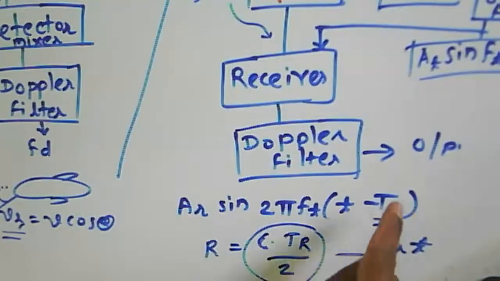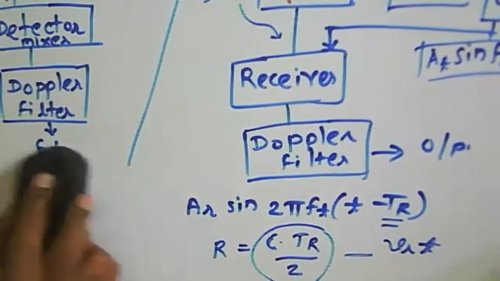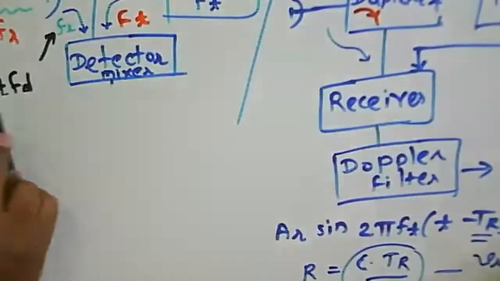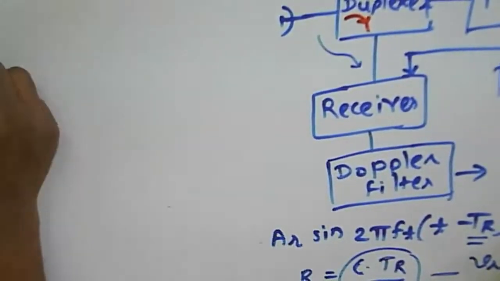But this tr will change now because we are saying that it is with respect to a reference signal. So in that case we can write, what will be the V received here?